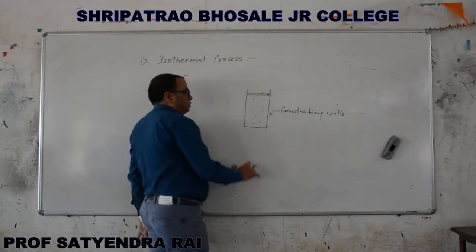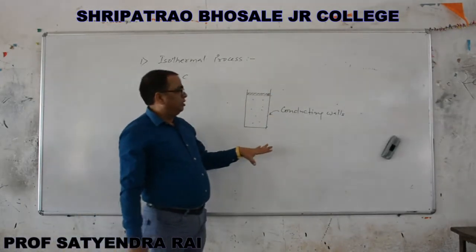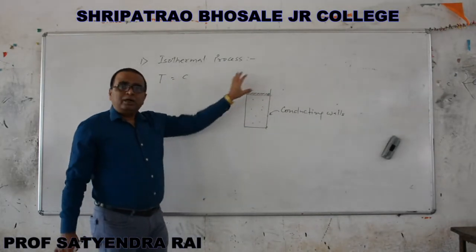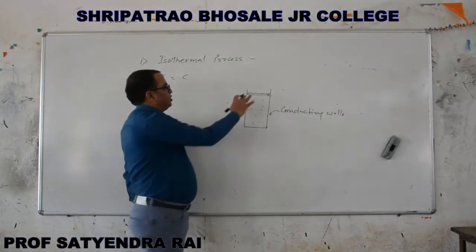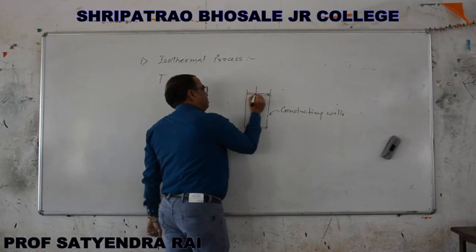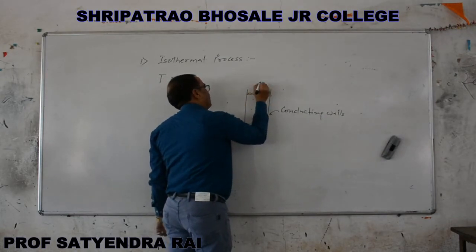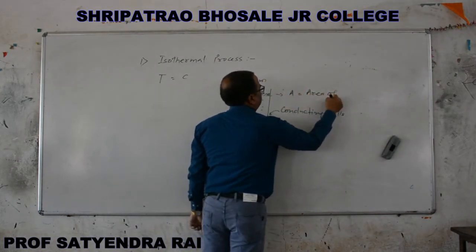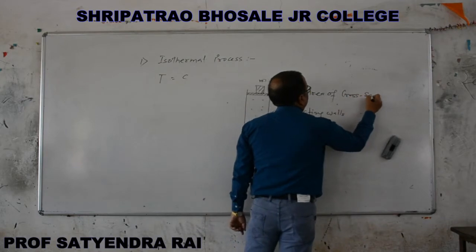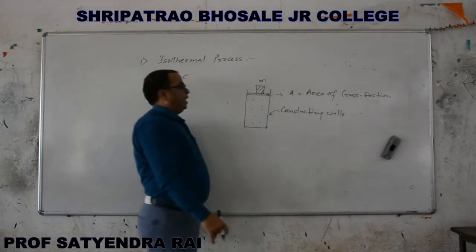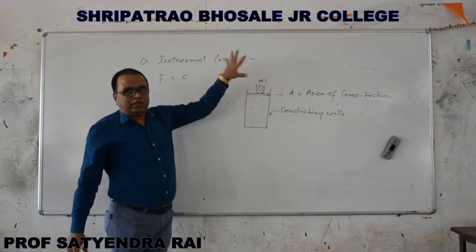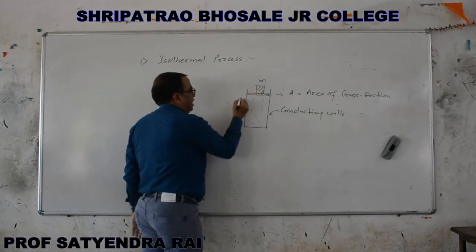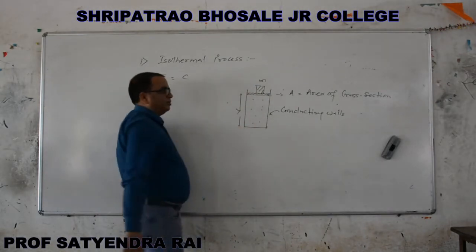And say the piston is a light, massless piston, theoretical, and there is no friction between the piston and the body of the gas. If you place a block over it of mass m, and A is the area of cross section of the piston, at that moment the piston along with the block is in equilibrium, and the piston lies at a height l from the bottom of the container.